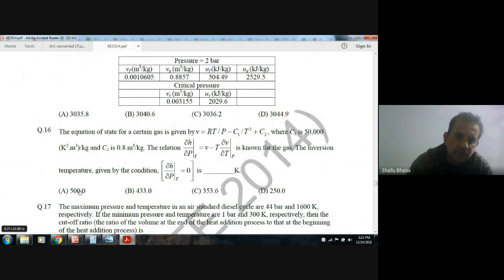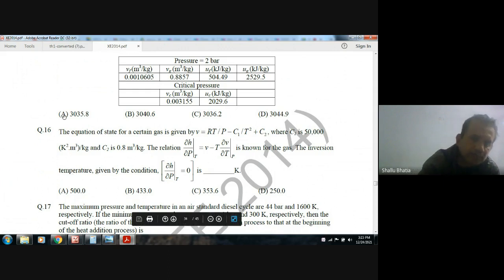The relationship (del H by del P) at constant T is equal to V minus T (del V by del T) at constant P, and is known for the gas. The inversion temperature is given by the condition (del H by del P) at constant T equals 0, and is dash dash. Now you have to find out the inversion temperature.